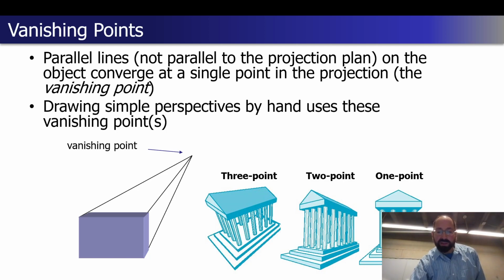I think it's probably easiest to see in the 1-point perspective here. We have these things that are parallel in the actual model itself, and for this one, look at the left edge and the right edge. They are parallel in the object as it's being modeled or visualized, but those parallel lines now are going to converge at some point in the distance.